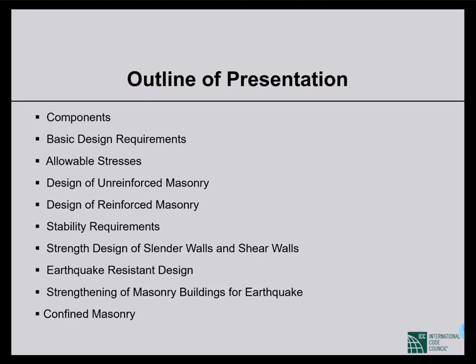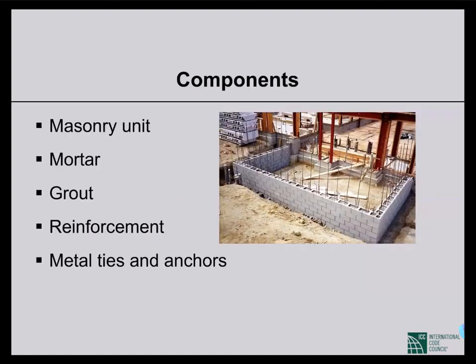Now, the basic components that are used for masonry construction, particularly for reinforced masonry, are, first, masonry units. We'll discuss the different types of masonry units. These are basically blocks or bricks.